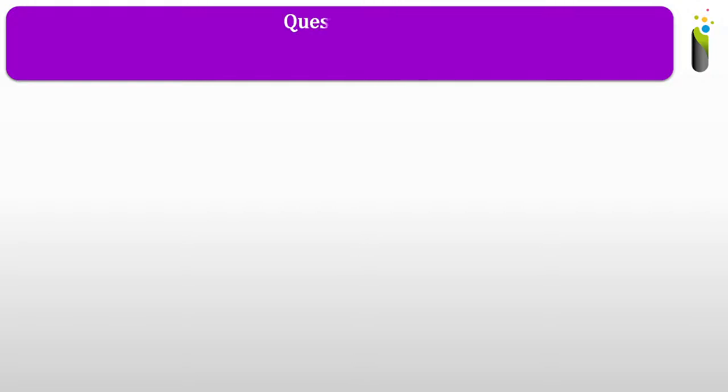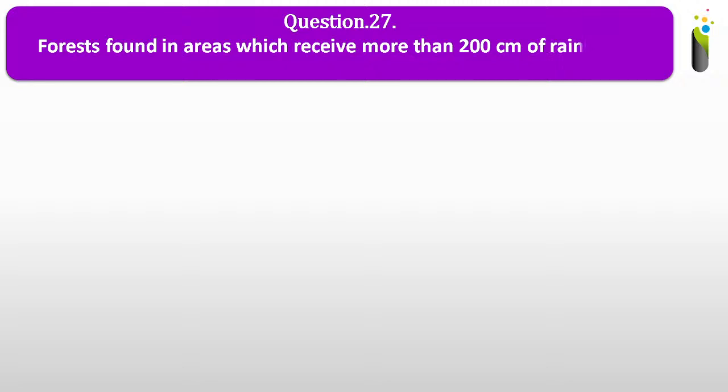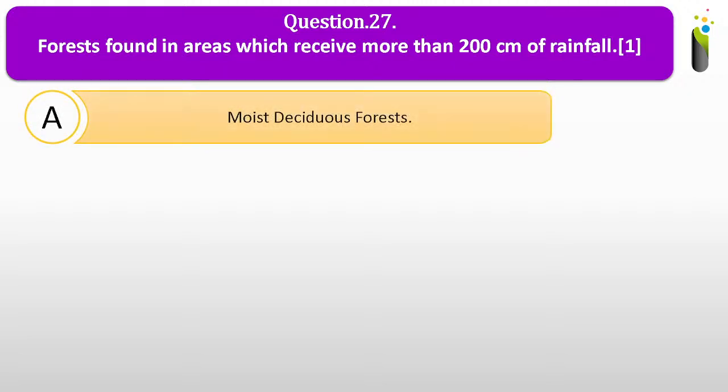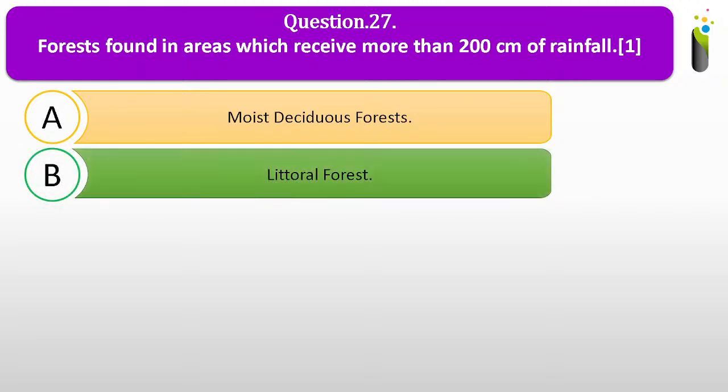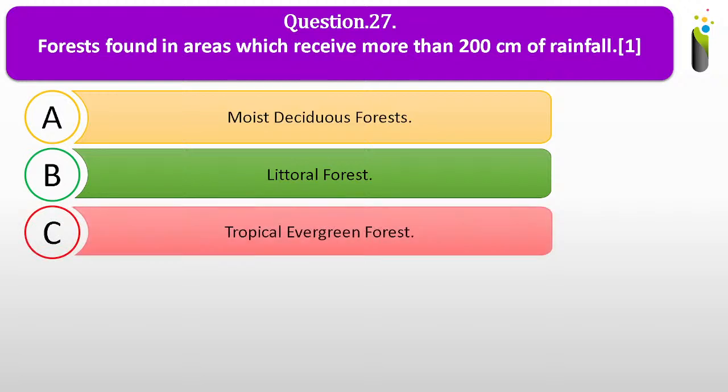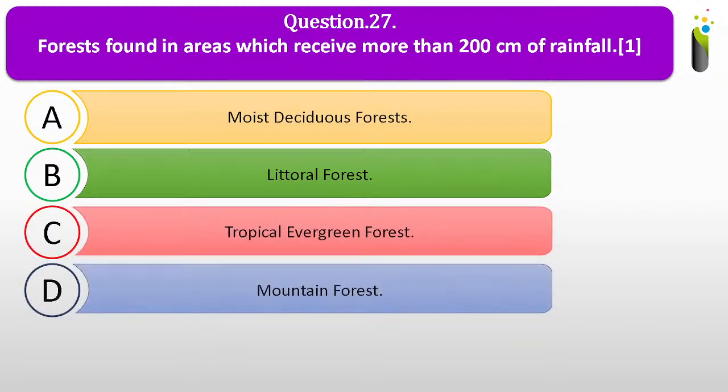Going ahead to question number 27. Forests found in areas which receive more than 200 centimeters of rainfall. And your options are A. Moist deciduous forests. B. Littoral forest. C. Tropical evergreen forest. D. Mountain forest.